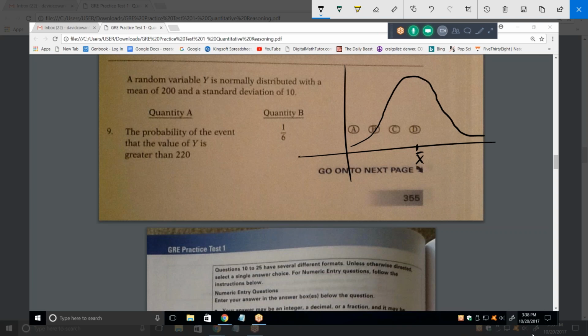That's the average. And for standard deviation, that would be x bar plus 1 standard deviation. And this mark over here is x bar minus 1 standard deviation.